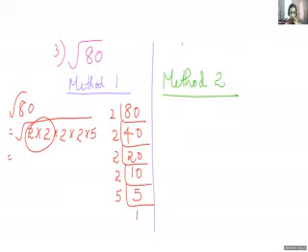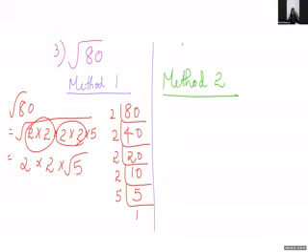From 2 into 2, you got 2. Again, next pair, you got 1 more 2. Now, what about 5? Square root of 5. Root 5. And the answer is 4 root 5. Good, very good. Answer is 4 root 5.